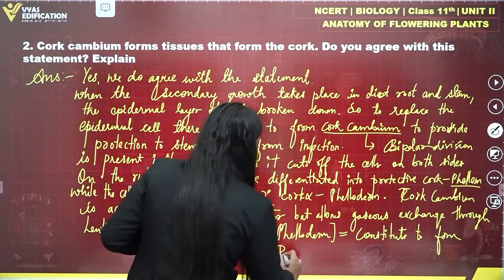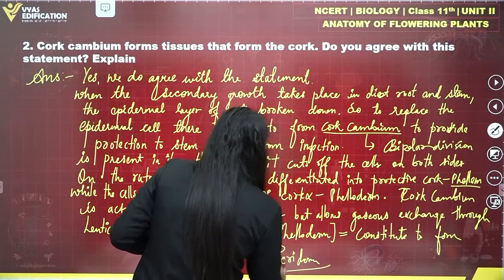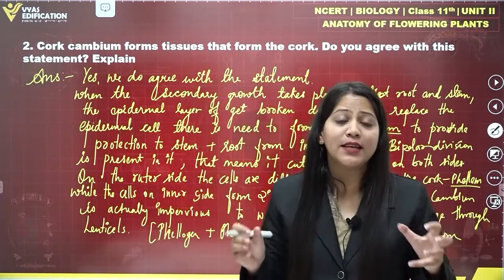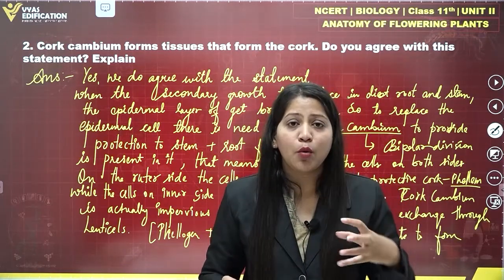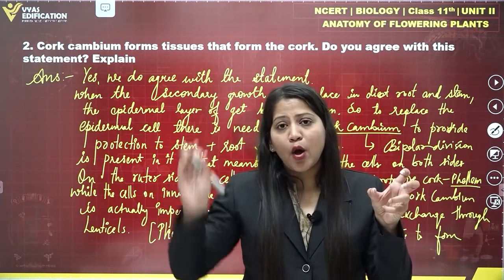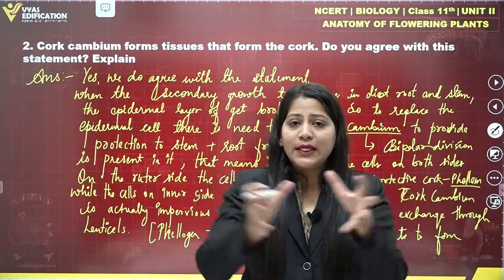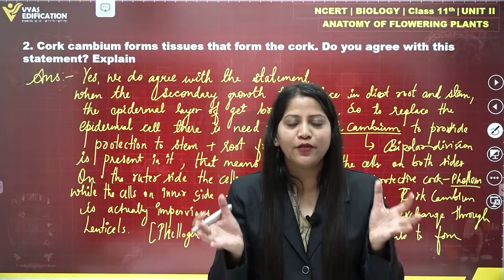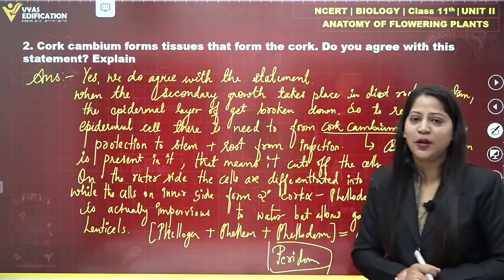So all these three layers, phellogen, phellem and phelloderm, together form a new layer known as periderm. On the inner side is the phelloderm and on the outer side is the phellem. With this we have completed the solution to question number 2.